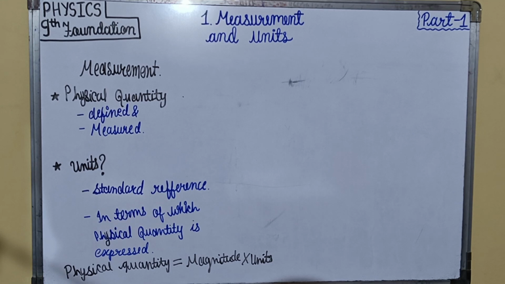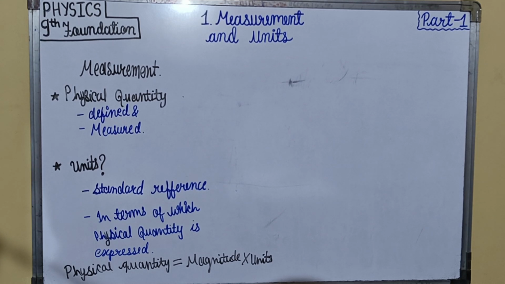Now if the height of the building is 6 meter, so over here the measure m of the physical quantity, that would be height, is equal to 6 meters, where 6 would be the magnitude of the physical quantity.